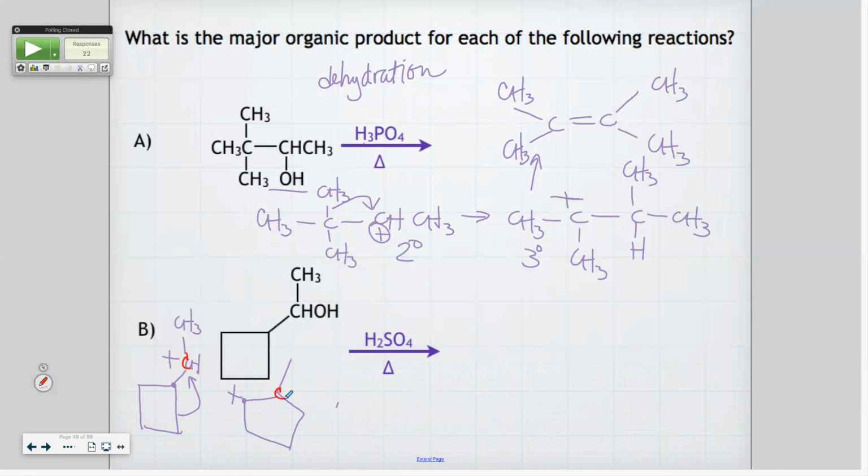A methyl, the ring, and an H. I'm going to write that CH3. So what are we going to do? We're going to lose this H, because what is that going to give us for our double bond? How substituted? Tri-substituted. So we want the most stable carbocation, and you want the most highly substituted double bond.